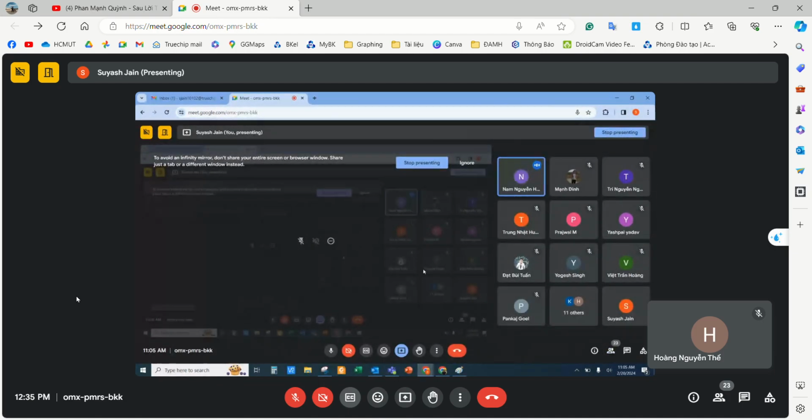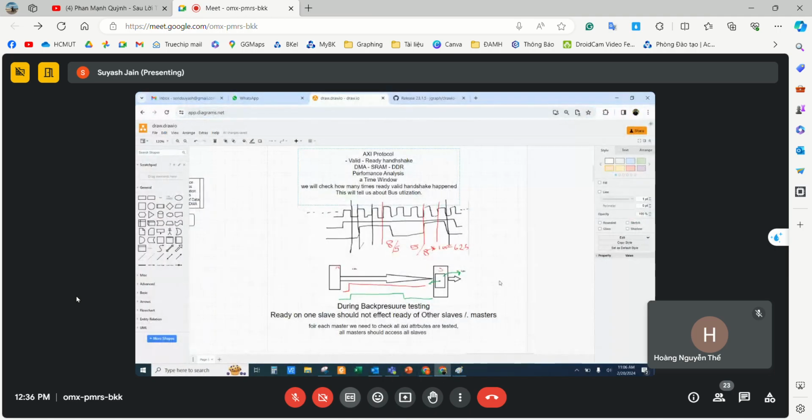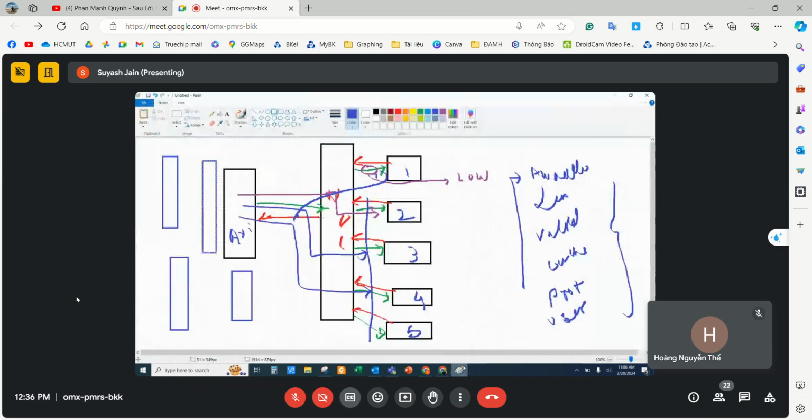Can you go again with the example of a master with 5 slaves? Yeah, this one? I also have a doubt in back pressure testing.